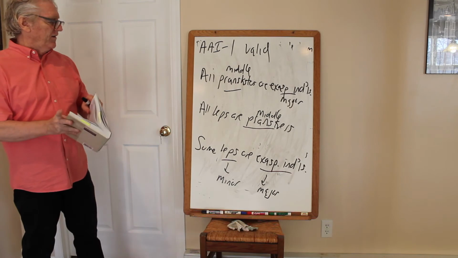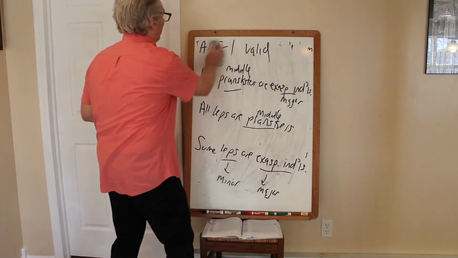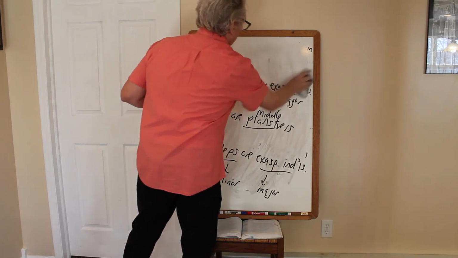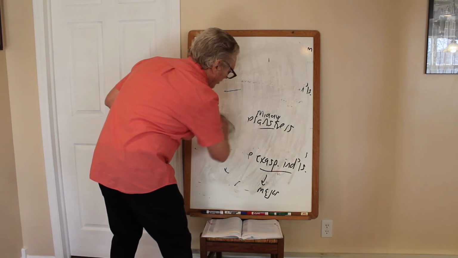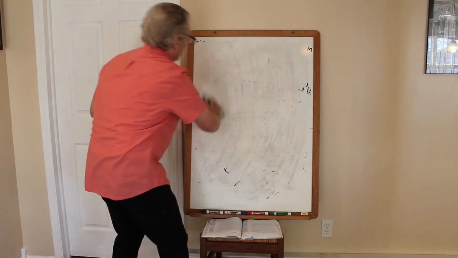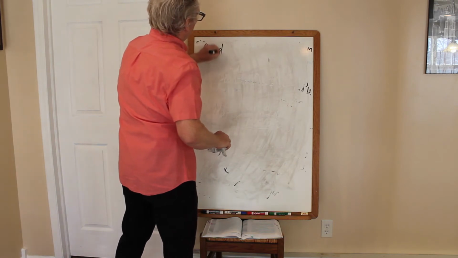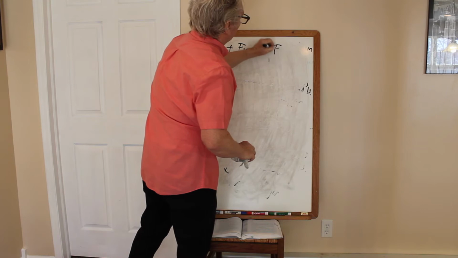All right, so we're going to go to 5.1, figure 3, where you're just given a mood and a figure, and you have to build the form of a syllogism from that. Actually, mood plus figure equals form. And so if you have the mood plus the figure of a syllogism, that equals the form.